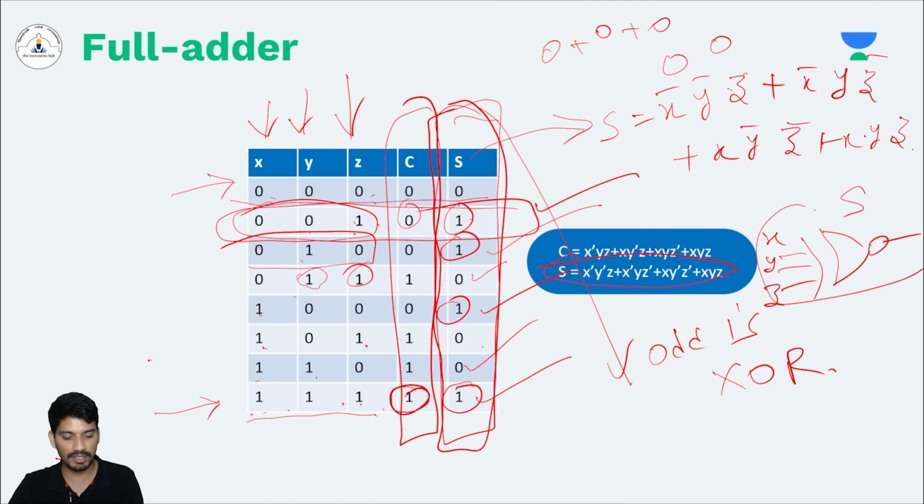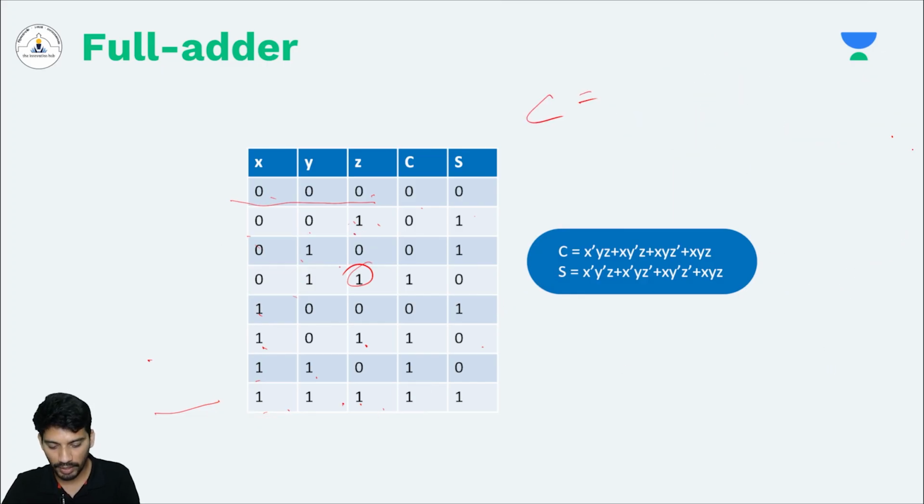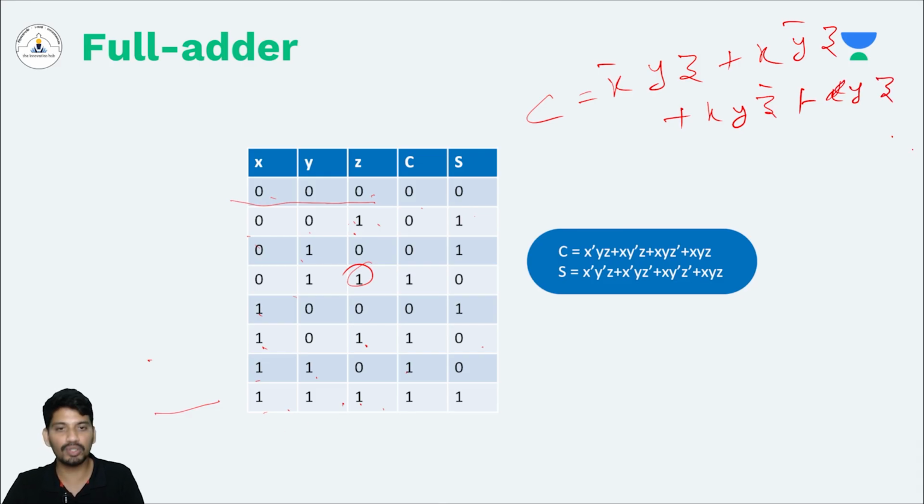Simply we'll get S. But what is the function for C? Let's see what the expression for C is. C is equal to 1 when X bar YZ plus X Y bar Z plus X Y Z bar plus X Y Z. It looks very complex, right?